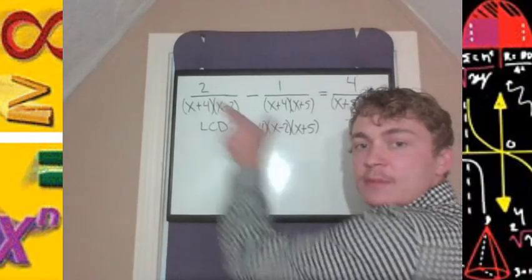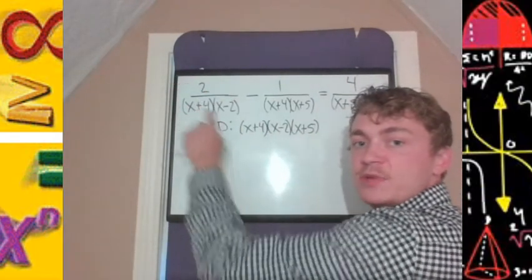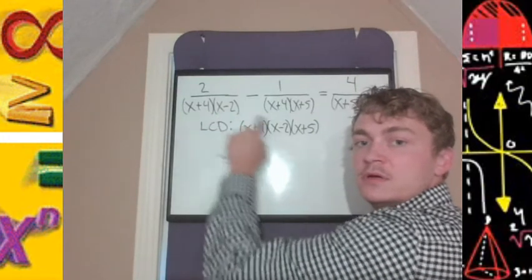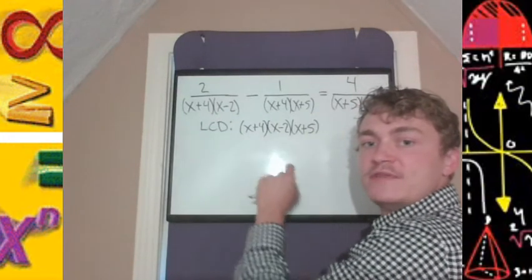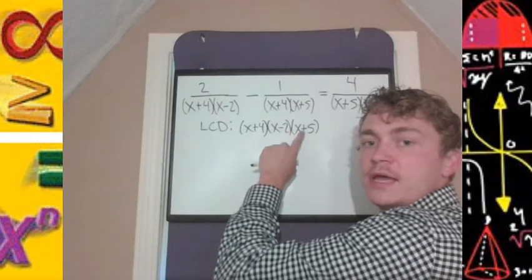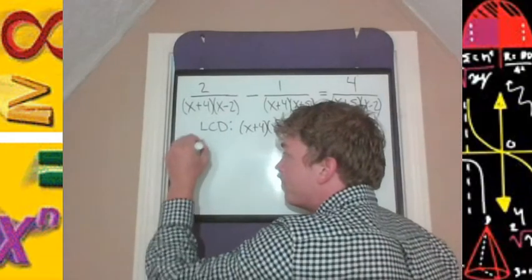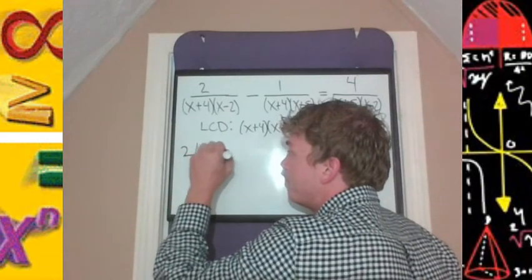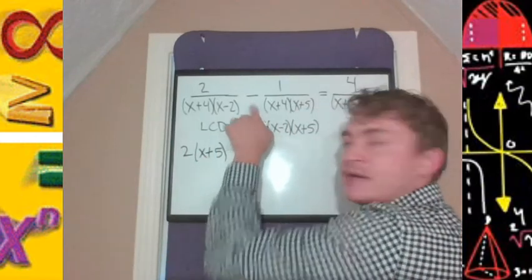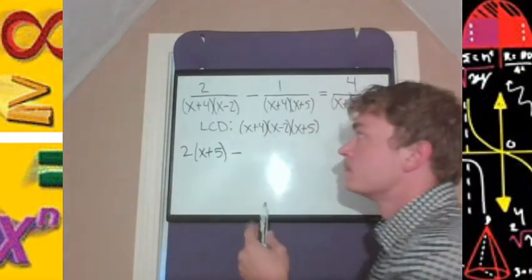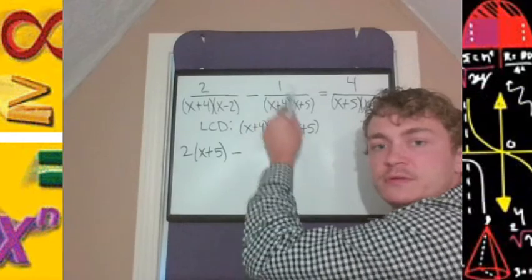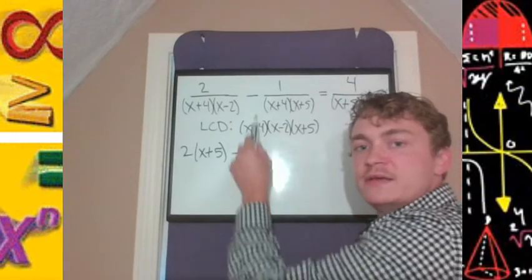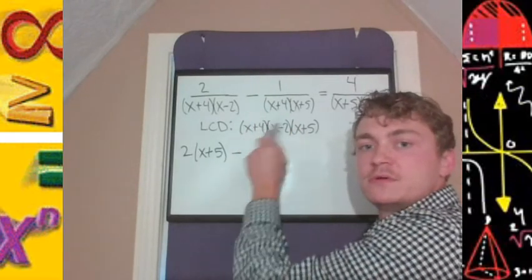Take this LCD and multiply it here. The x plus 4s will cancel. The x minus 2s will cancel, leaving you with the product of 2 and x plus 5. Minus this rational expression multiplied by the LCD. The x plus 4s cancel.